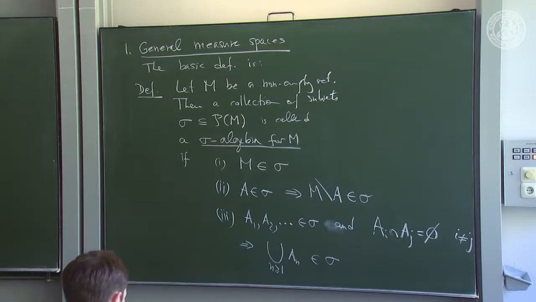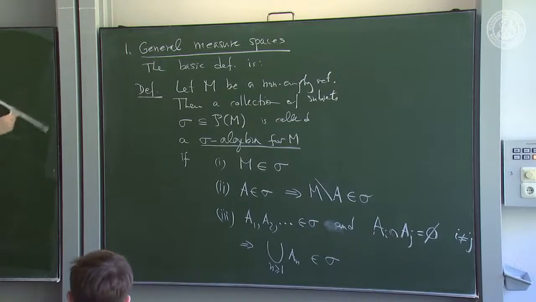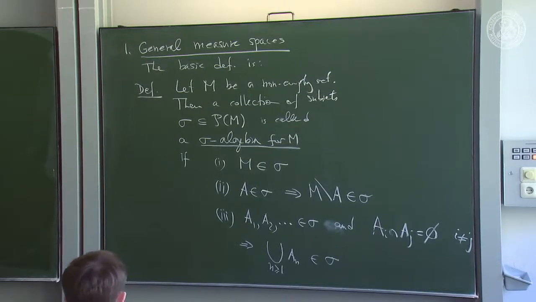Now, we'll see what one can do with the sigma algebra and why one needs one for certain purposes. And I will, however, first introduce some terminology that already hints at that and which one should keep in mind.